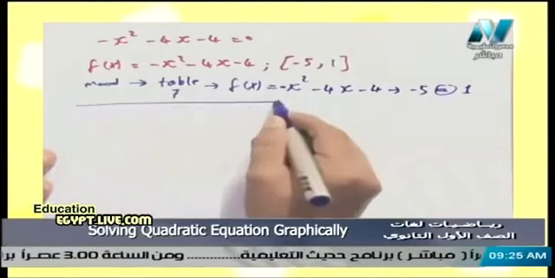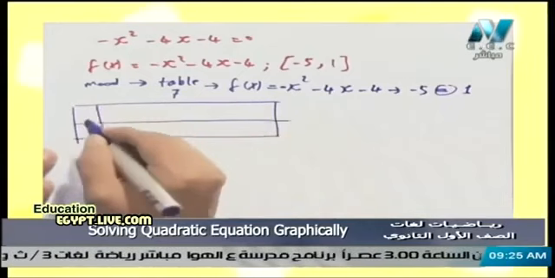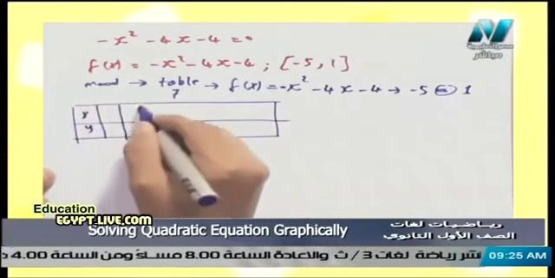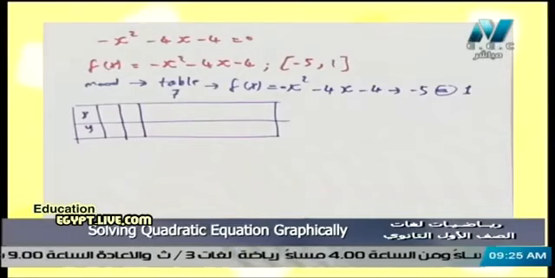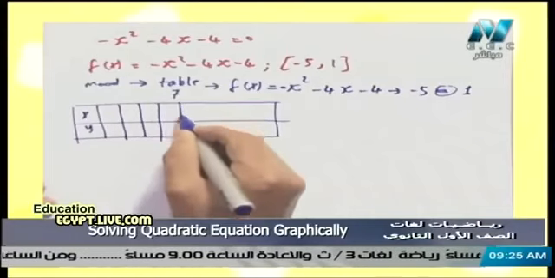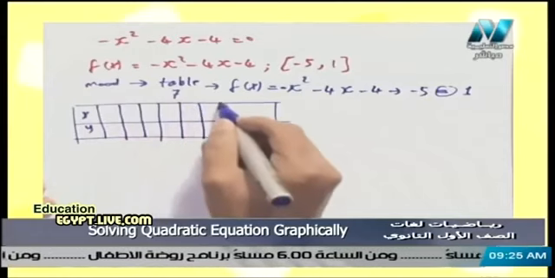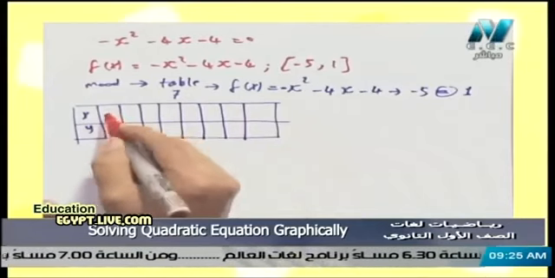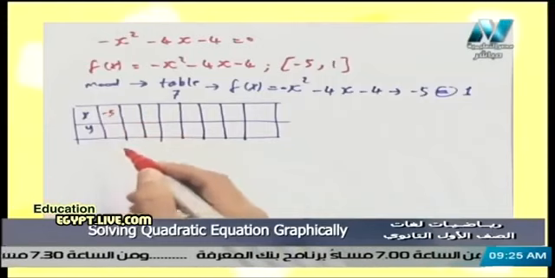This table will be like that, x and y. Okay, negative 5 for x will give negative 9.